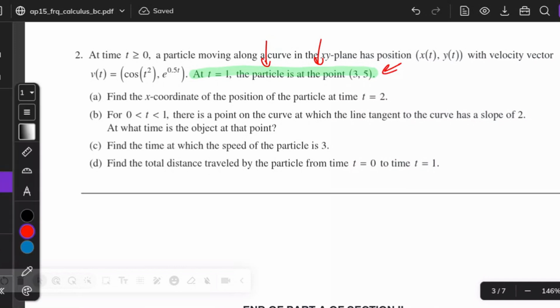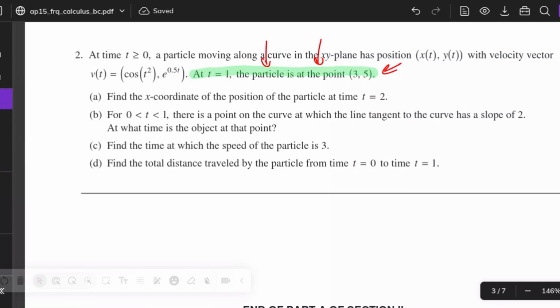Second, we're looking at v(t) here, so this is not a position function, this is a velocity function. We have to keep that in mind because velocity is the derivative of the position. So we want to make sure we're not finding the derivative of the derivative, and then we'll get the whole thing wrong.